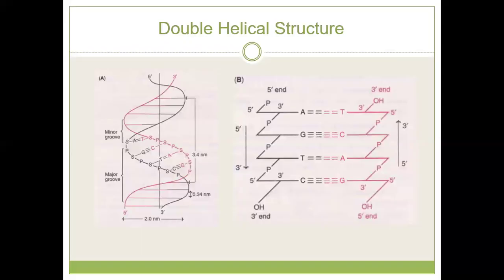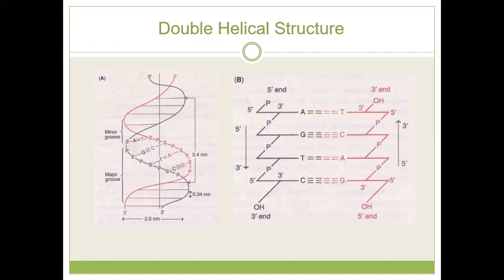A very high salt concentration can also lead to that. Now, the temperature that can cause this loss in helical structure and separation of the two strands in the DNA is called melting temperature.